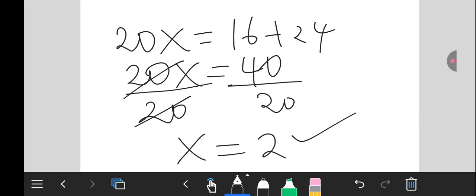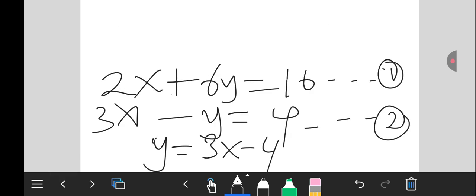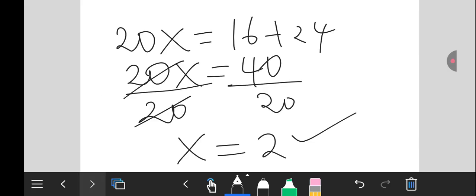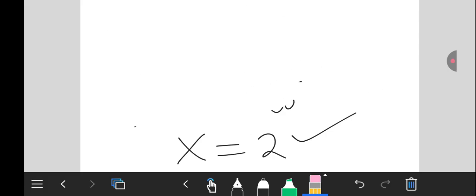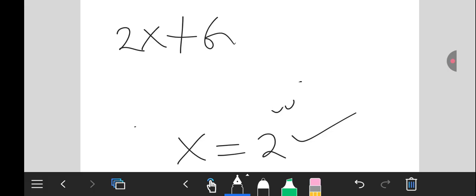So this is the first solution, for x. To find the second solution, you just substitute in any of the equations. Let's substitute in 2x plus 6y is equal to 16. Where there is x, we substitute 2.